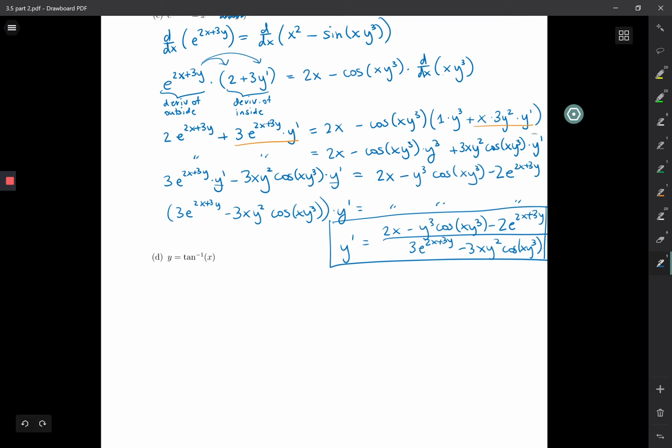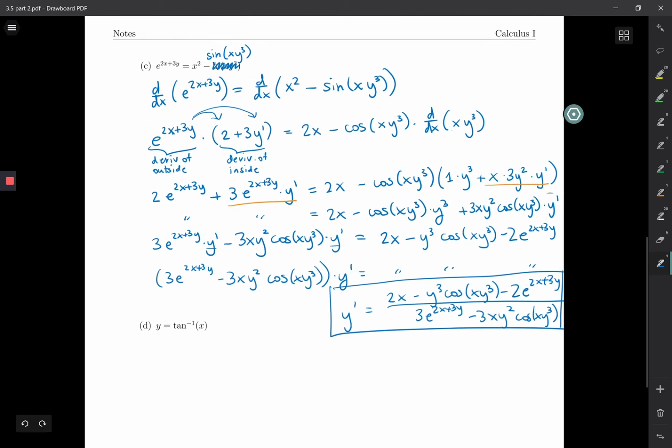Okay. So I think that this difficulty is about as bad as any problem that you're going to see in this section. It involved using the chain rule, and a product rule inside of it, and then solving for y prime.